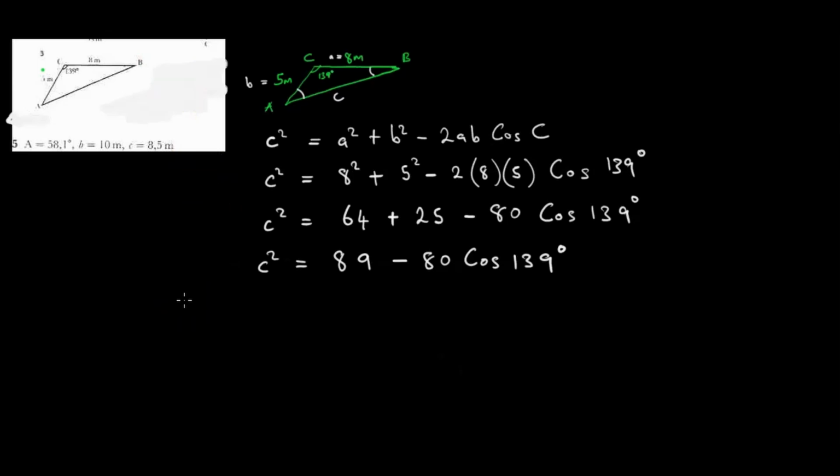If you have a powerful calculator, for example a Right View, a Casio, or a scientific calculator, you can just type 89 minus 80 cos 139 degrees and it gives you an answer.